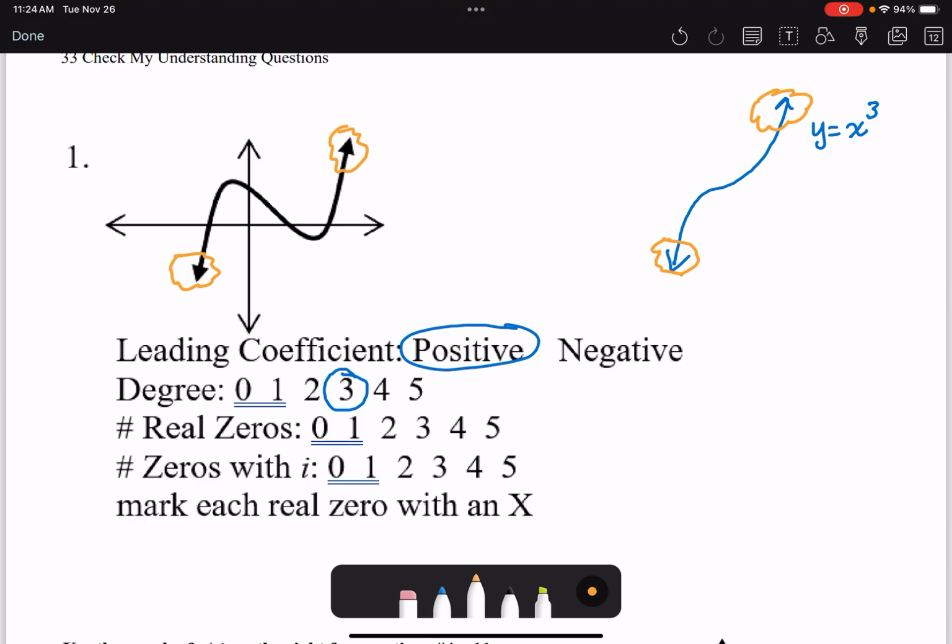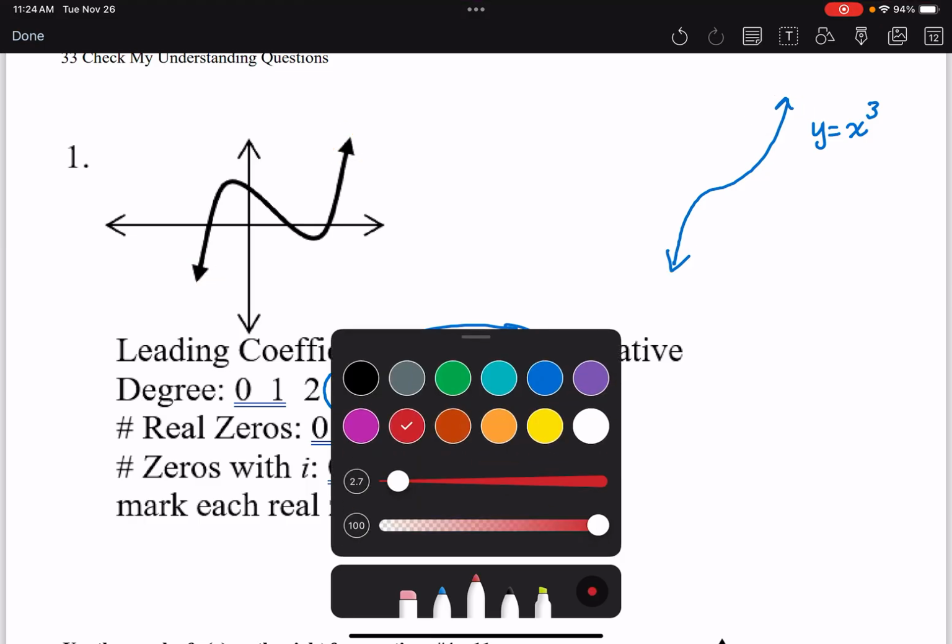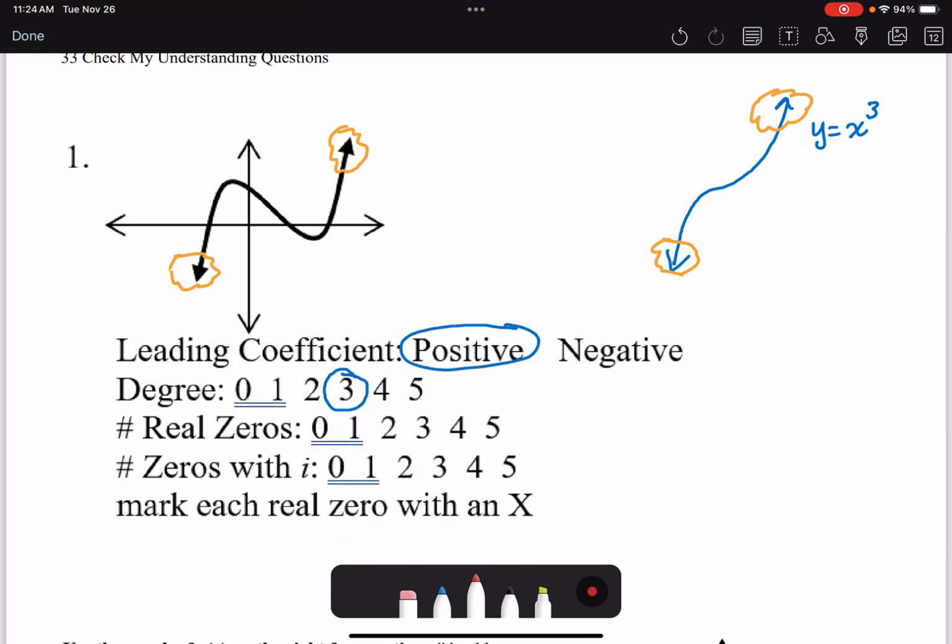My real zeros, I'm going to go ahead and mark my real zeros with an X. So I have one here, I have one here, and I have one here. So I have a total of 3 real zeros. A real zero is wherever the graph crosses or touches the x-axis.